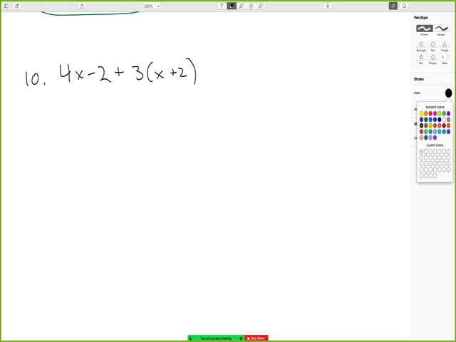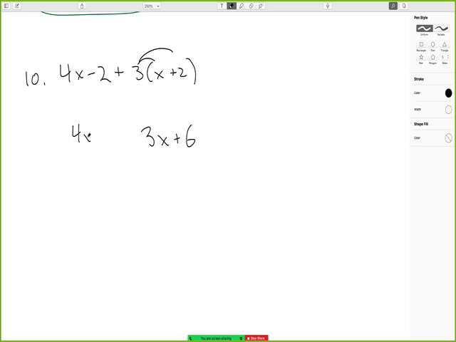Alright, we're getting this down online. Hopefully you're starting to get it at home. 3 times x is 3x, 3 times 2 is 6. And then we just bring down all of these so that we can combine like terms. We're going to do the same thing as before. 4x and 3x are the same term, so combine those.